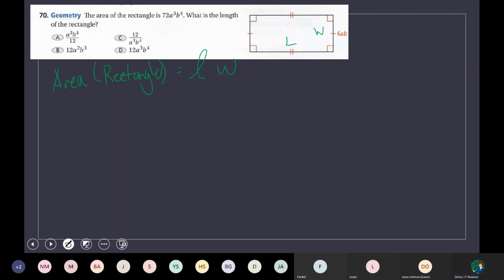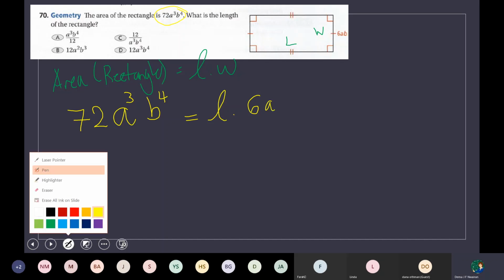The area of the rectangle is given as 72 a cubed b raised to the power 4. The length is unknown, and the width is 6ab.